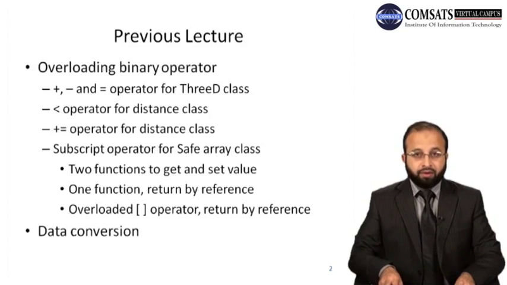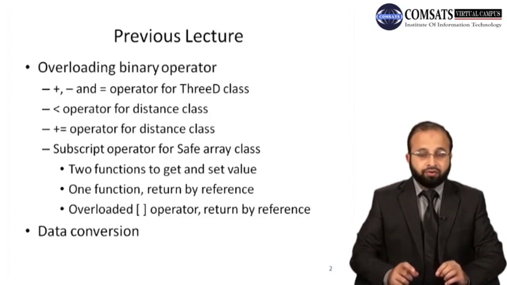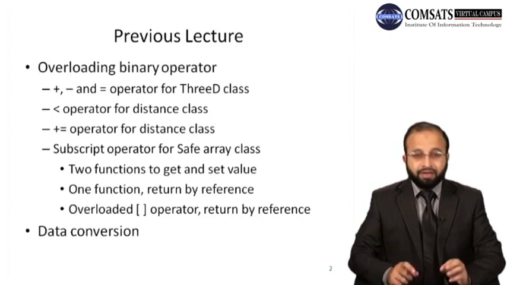And then we have seen a little bit about the data conversion, that is, if you are converting the data, for example integer to integer, then you do not need to write any kind of function, even if you are converting data of the same user defined type.